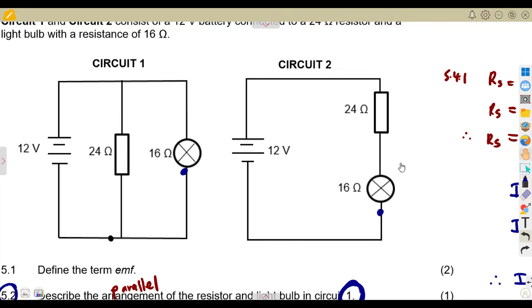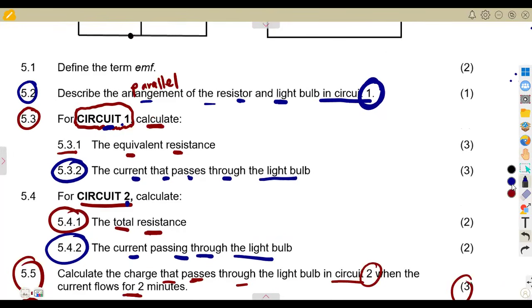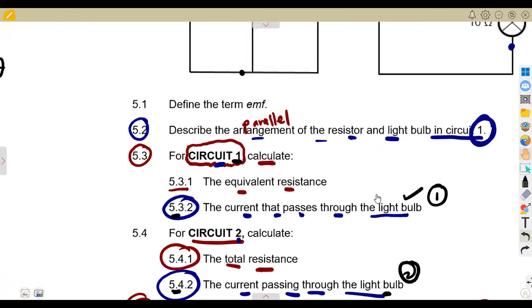Remember, you calculated the current across these light bulbs, so we can even verify from there. The first one, 5.3.2, we calculated the current across light bulb number 1, which is from circuit 1. We also calculated the current passing through the light bulb from circuit 2. So we can compare using the currents.